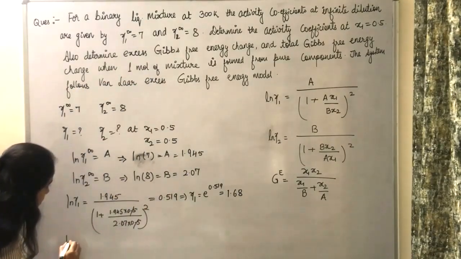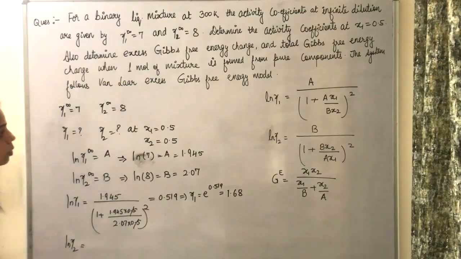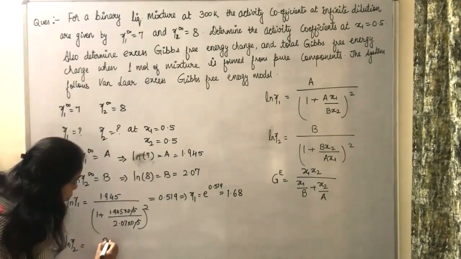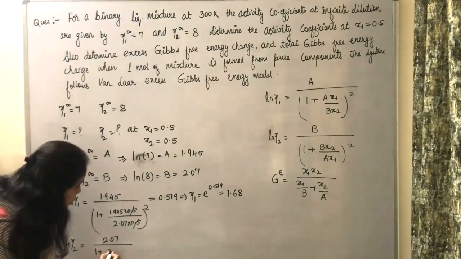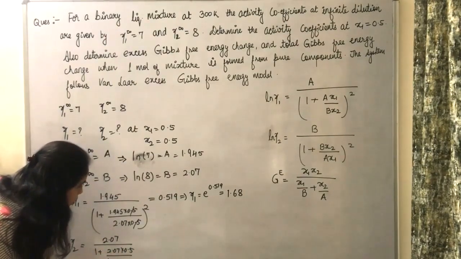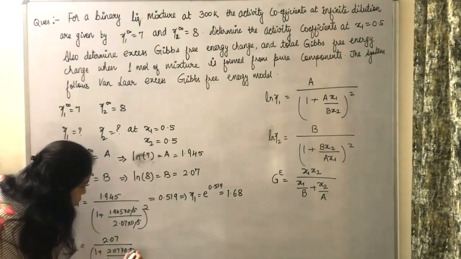Similarly, you can find ln gamma 2 by substituting all the values. So ln gamma 2 equals B, which is 2.07, upon 1 plus 2.07 into 0.5 upon 1.945 into 0.5, whole square.